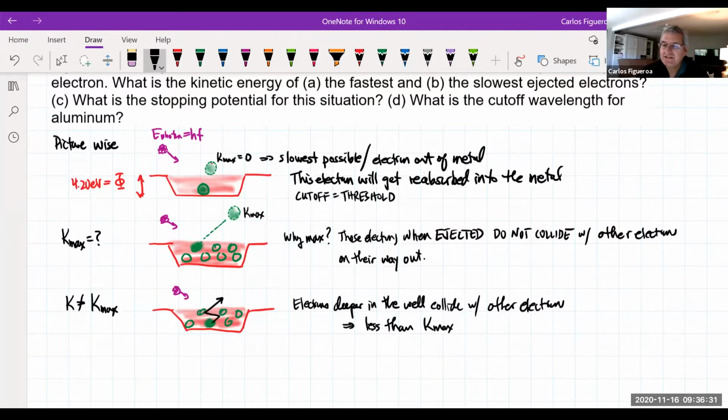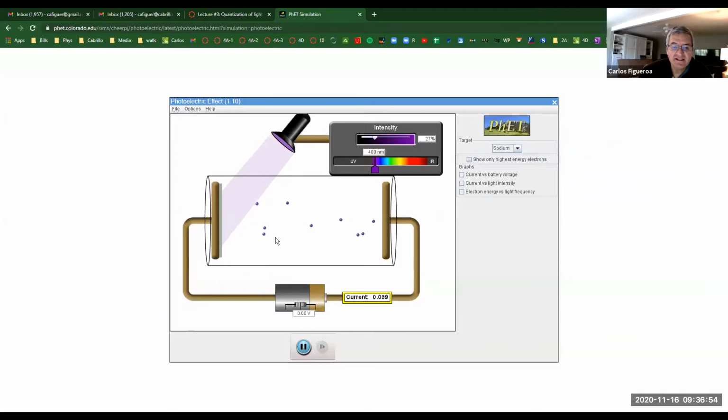And because they have less than Kmax, we saw when we were looking at the photoelectric effect that you get these electrons here. If I go share my screen with you and you look at these, you can see that some are clearly traveling faster and some are clearly traveling slower.